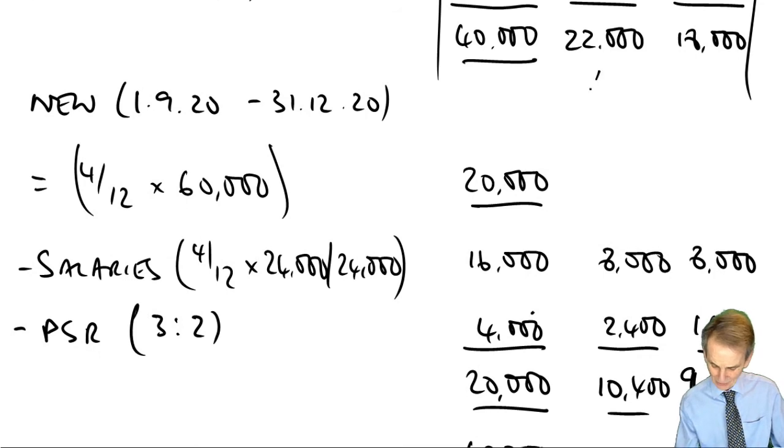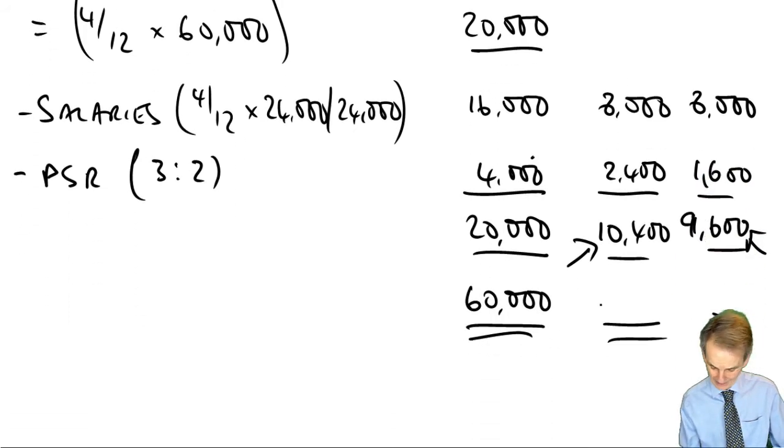We had 22,000 and 18,000 respectively there, to which we're now adding 10,400 and 9,600. That therefore will give us for A 32,400 and for V 27,600.